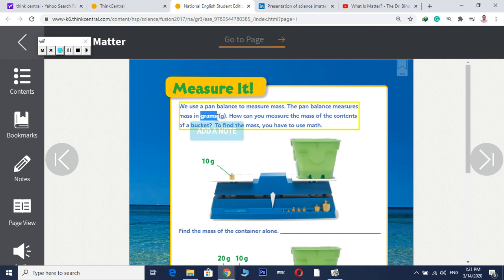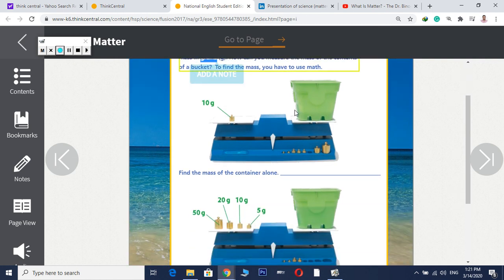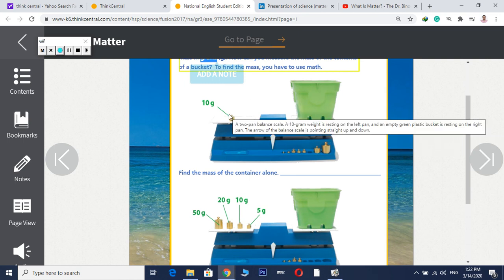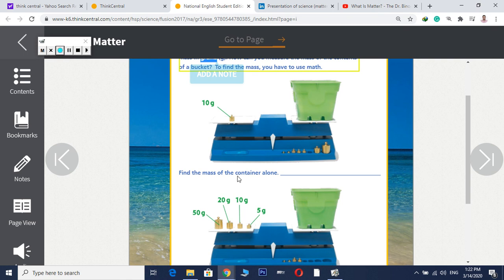Yes. So the book wants you to solve a simple mass problem here. It's telling you the mass of this bucket is 10 grams. Find the mass of the container alone. So this bucket is 10 gram, 10 grams here.